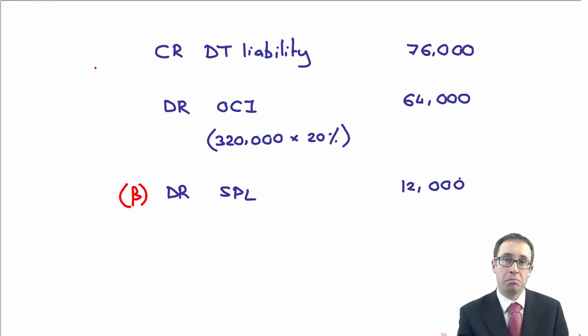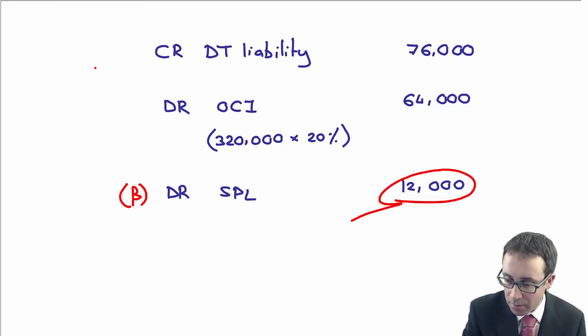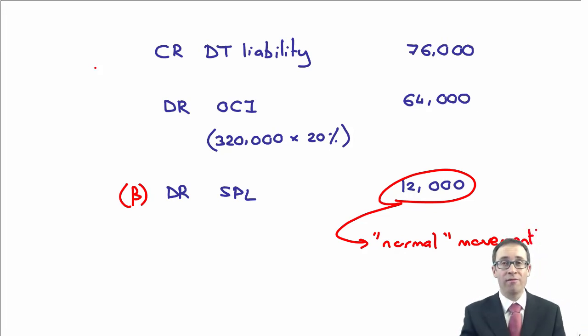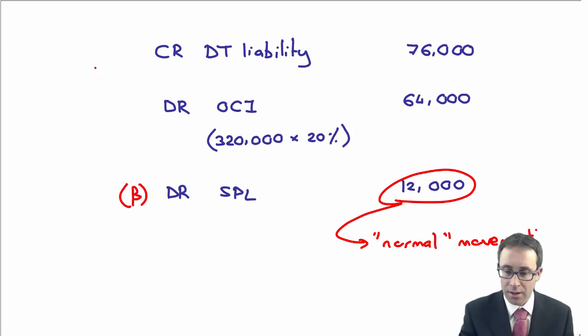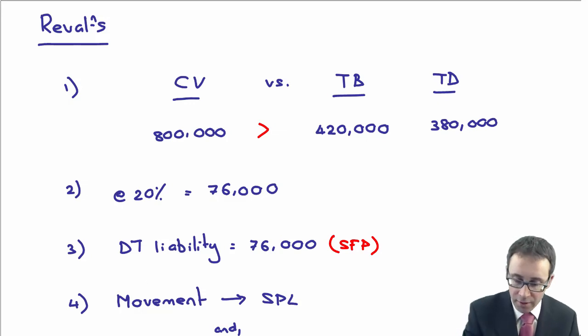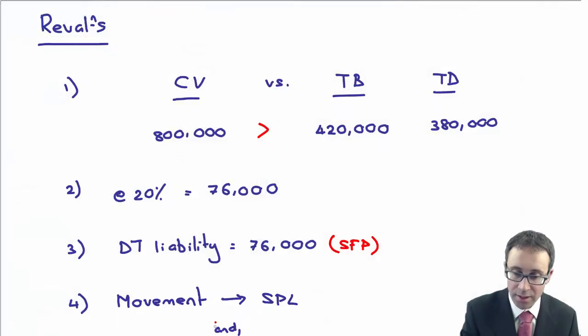Okay, there we go. That 12,000 is sometimes referred to as your normal movement, or if you like, the movement that there would have been before any revaluation took place. So if we play around with it and be very brave, I think what we had there, if we go back to the example, the carrying value was 480, wasn't it?